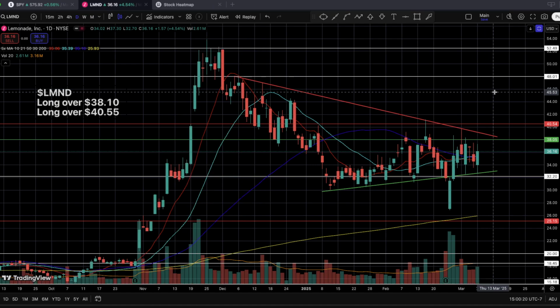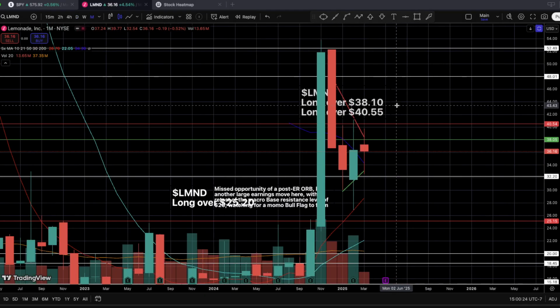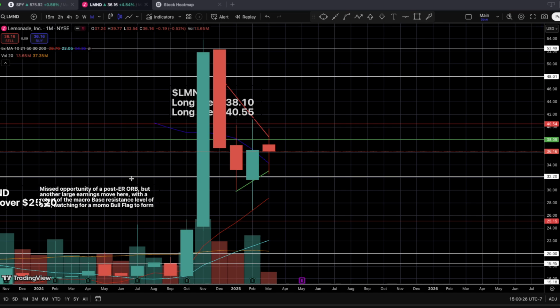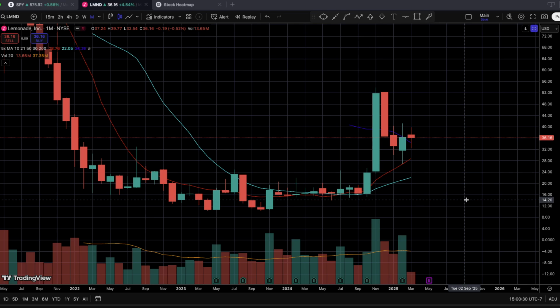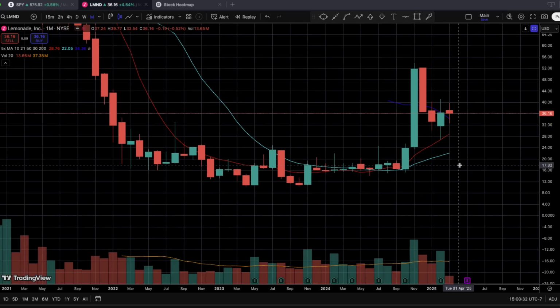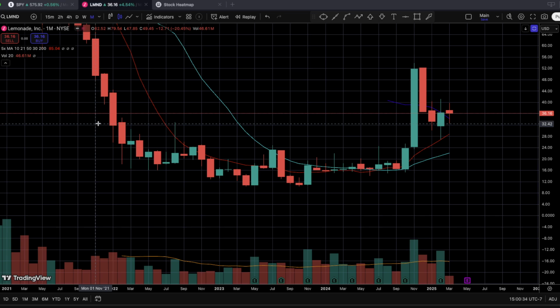All right, so LMND, first of all, if you take a look at this from the monthly perspective, let me just clear out all my lines here. This one has been on a massive squeeze run, and this has occurred after 2+ years of solid consolidation at all-time lows.